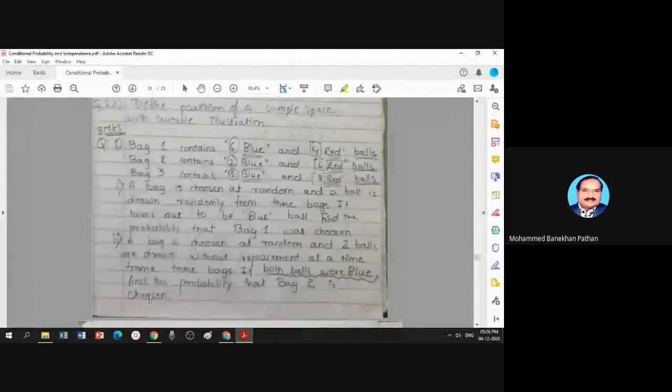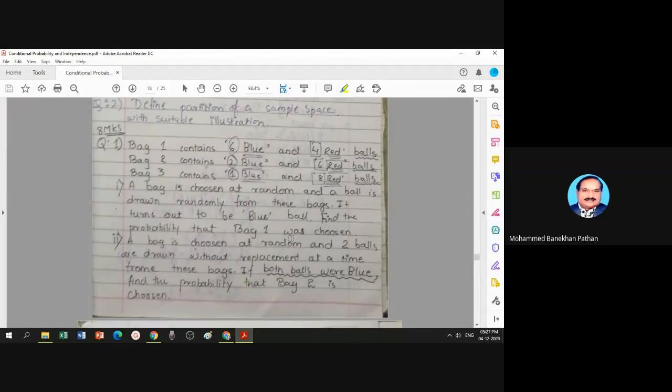In bit 1, I want to get the probability of selecting partition 1 by using the knowledge that the selected ball is of blue color. In bit number 2, I want to find the probability that partition 2 is selected by using the information that both balls are of blue color. Here you are making an experiment in 2 stages.